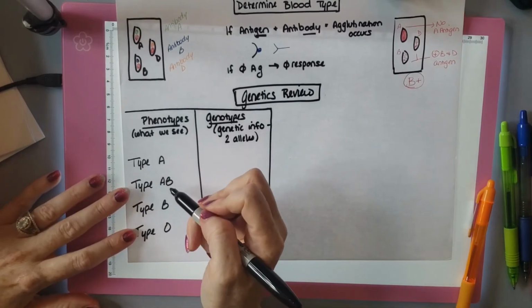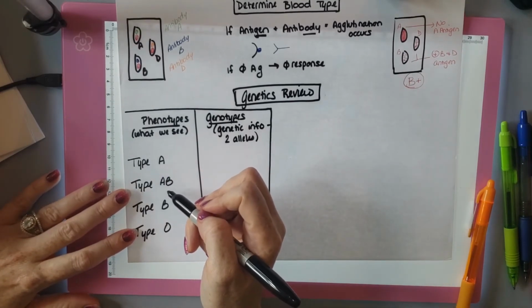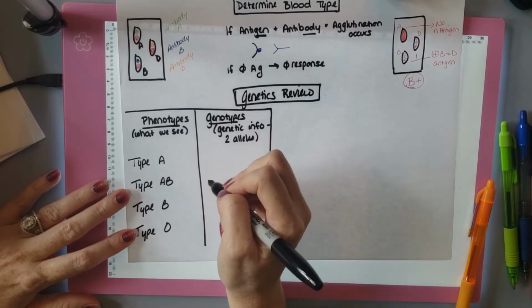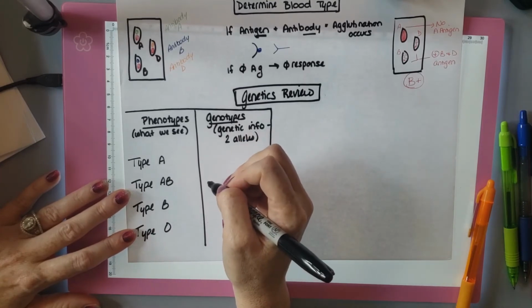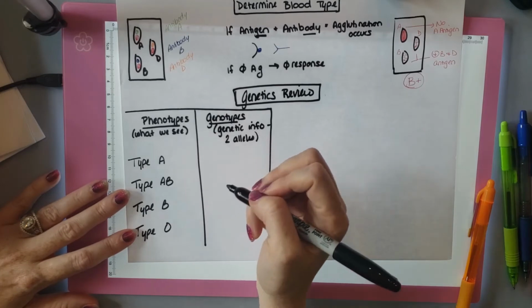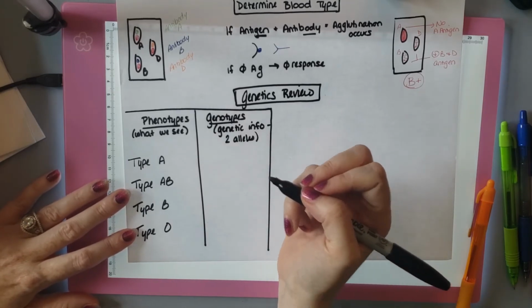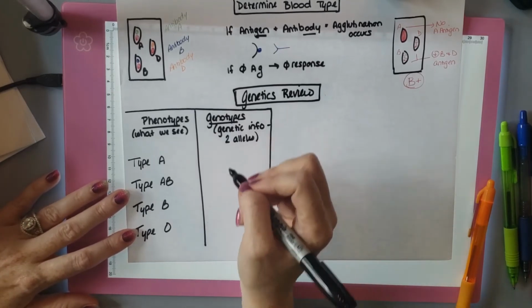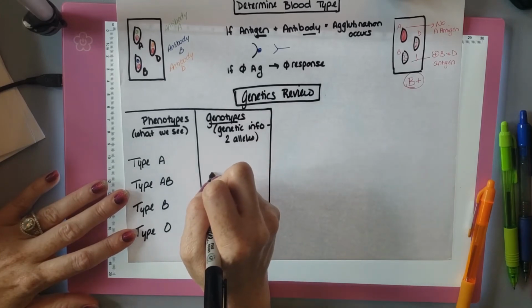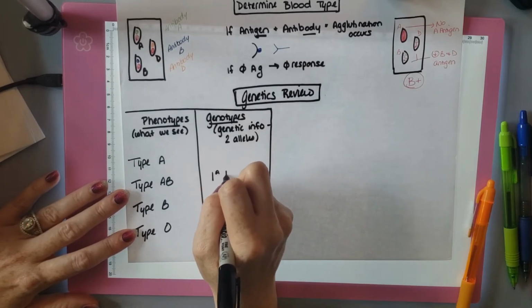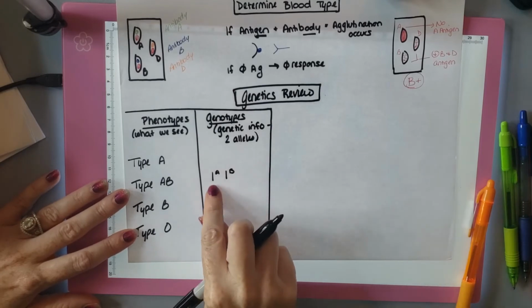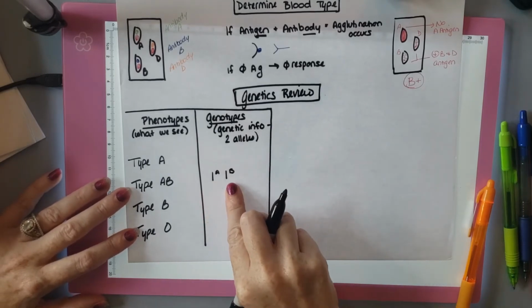So for type AB, you know that mom or dad gave A and mom or dad gave B. So the only genotype it could be would be one A and one B.